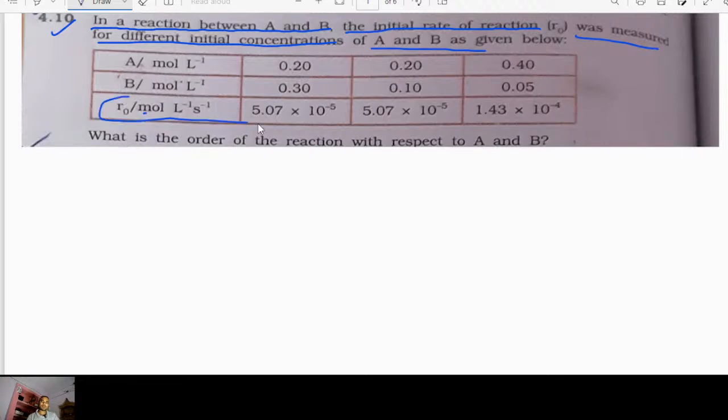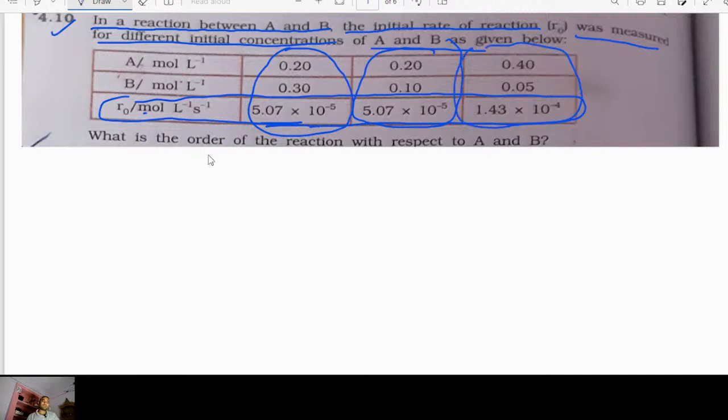These are the concentrations of A and B. When the concentration of A is 0.20 and B is 0.30, the rate is 5.07 into 10 power minus 5, and if it is 0.20 and 0.10, the rate is again the same, and finally the rate gets changed.